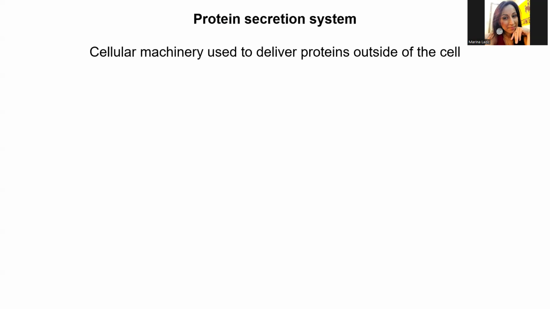When does the bacteria decide to use the co-translational one? So the question was, when does the bacteria decide to use co-translational versus post-translational? It's not the bacteria who decide, it's about the proteins. Proteins are genetically coded to be exported via one or another system.